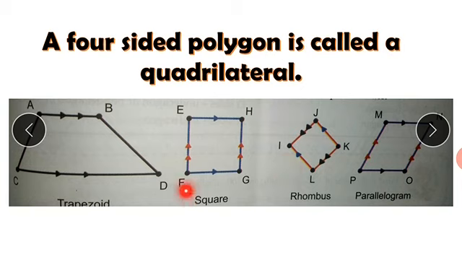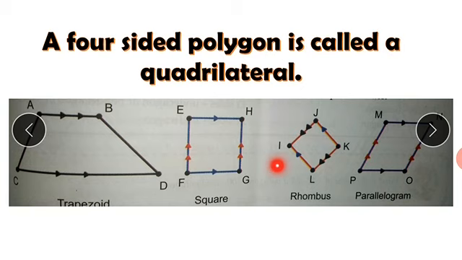So let's go back here to square. A square is a special type of rectangle that has four right angles. So this is a right angle, right angle, right angle, right angle, and all its sides are equal in length, and it has two pairs of parallel sides.